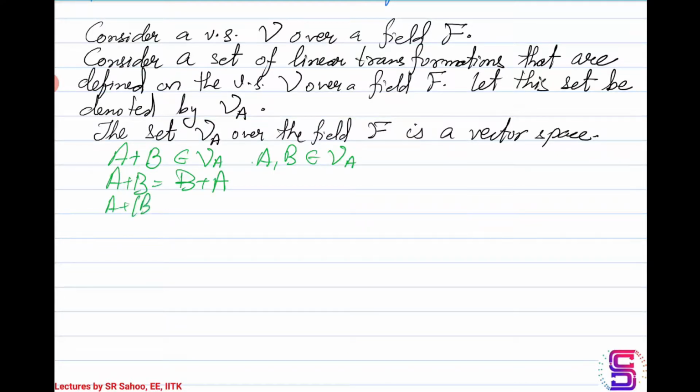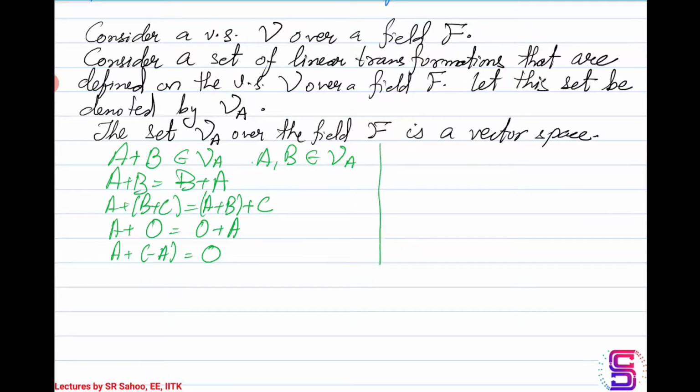Then you can verify the associativity. There is an additive identity element, which is basically the zero transform. I'll explain what the zero transform is. Then there is an additive inverse transformation, which when added to the transform gives you back the additive identity element.